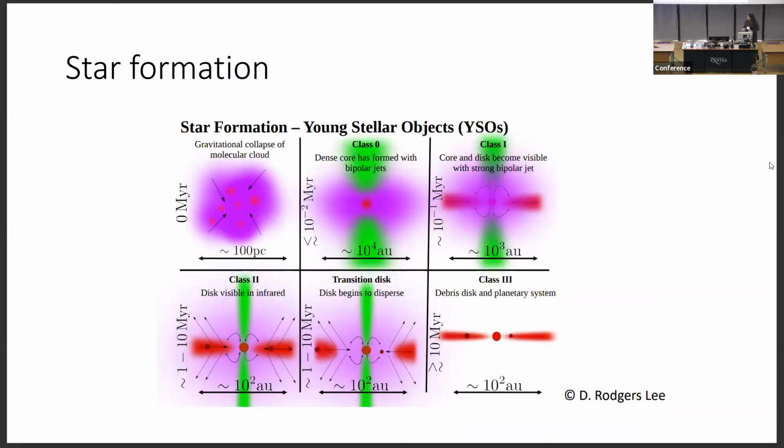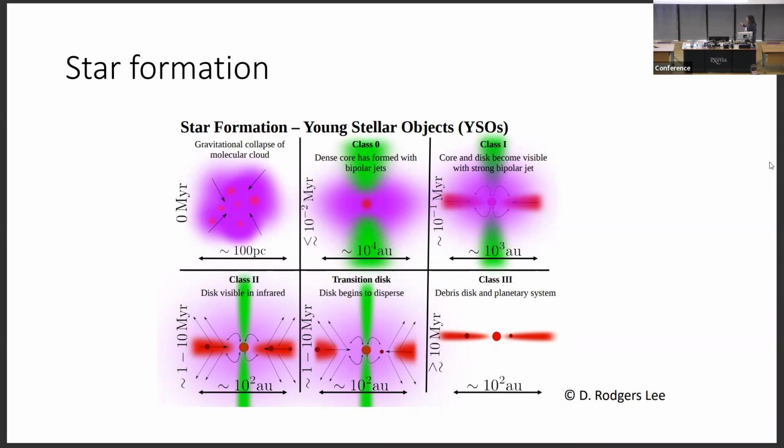Just with a short introduction on low mass star formation. So we have the collapse of the molecular cloud. Due to conserving angular momentum, we have the protostar, and the creation of a circumstellar disk.